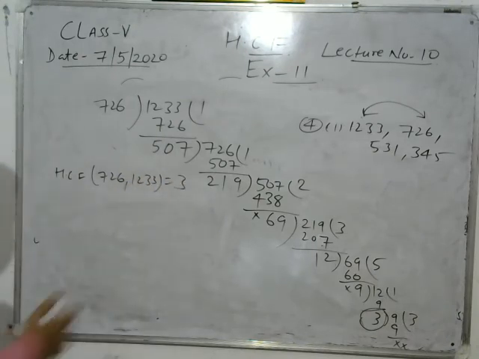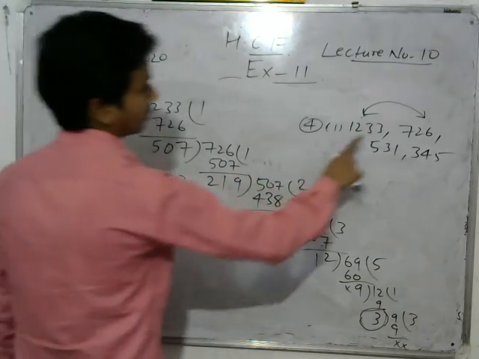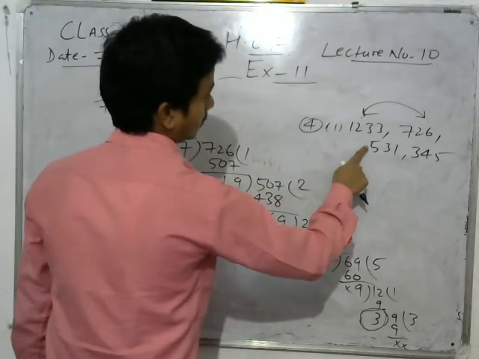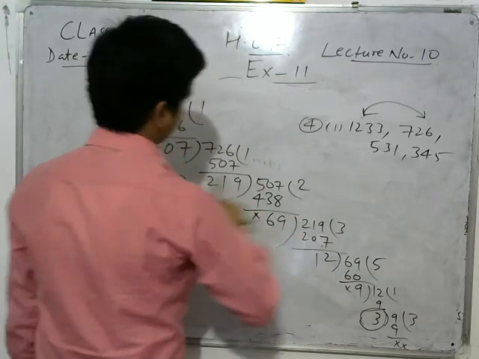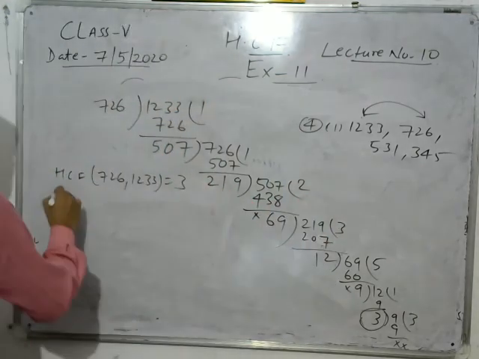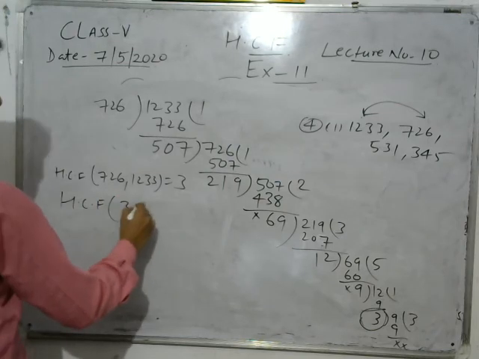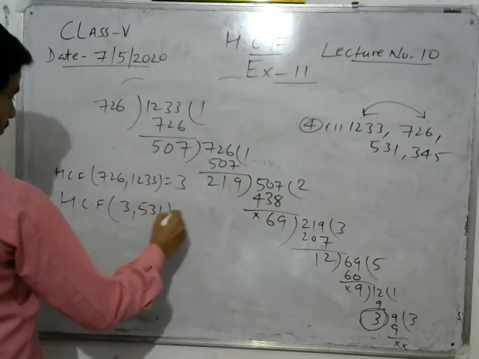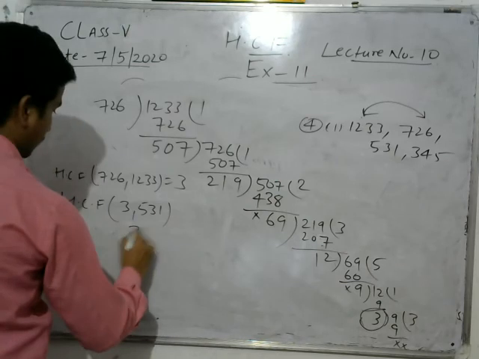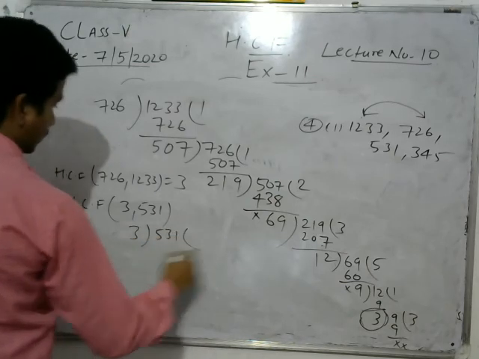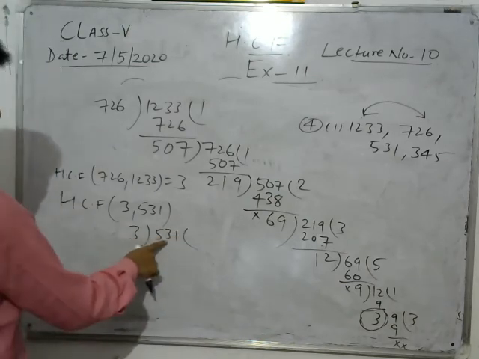Now we will find the HCF of 3 and 531. Divide 531 by 3.